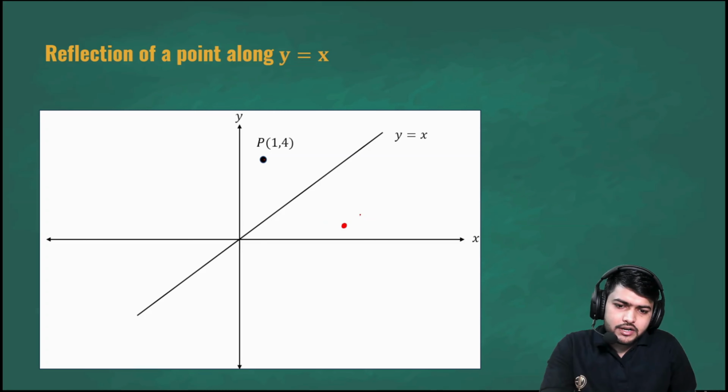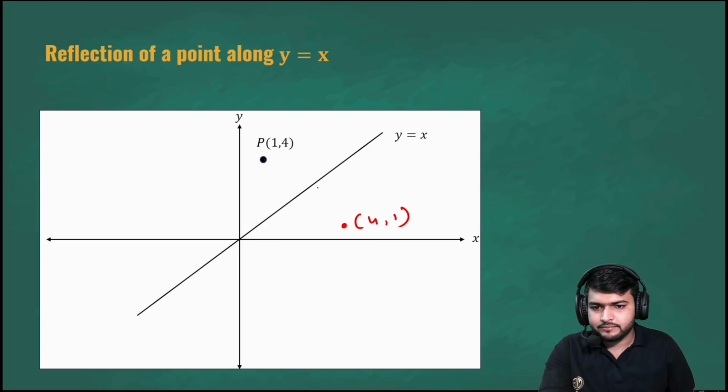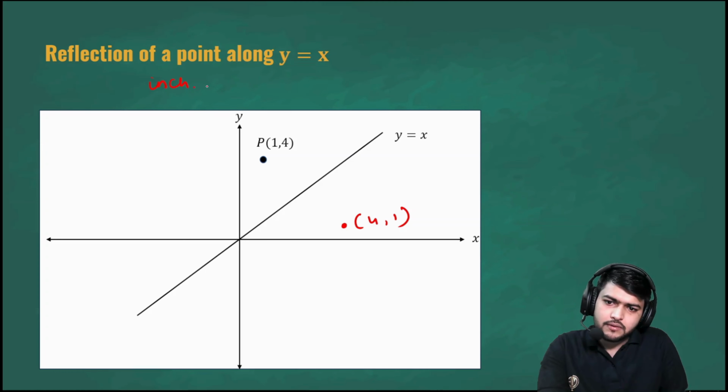And the coordinates would be 4, 1. You get this by simply interchanging the x and y coordinates of the original point. So if you are asked to find the reflection of a point along y is equal to x, you simply interchange x and y and you will get the reflected point.